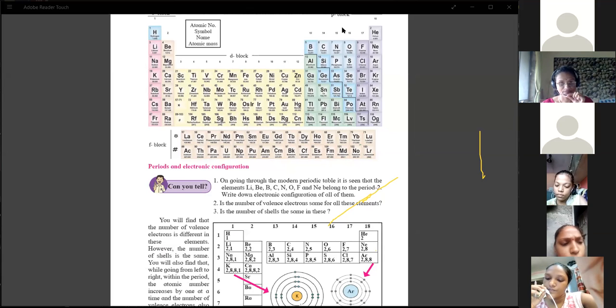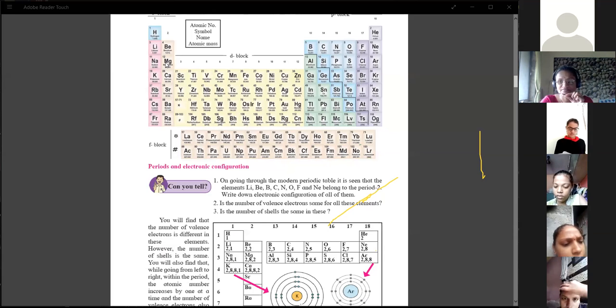The 12th element is magnesium. It belongs to the second group and the third period. When you look at the periodic table, it is the third period and the second group.